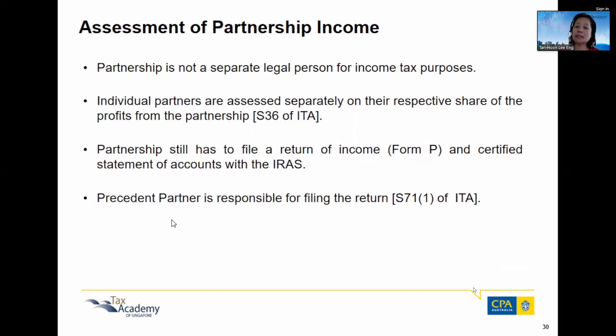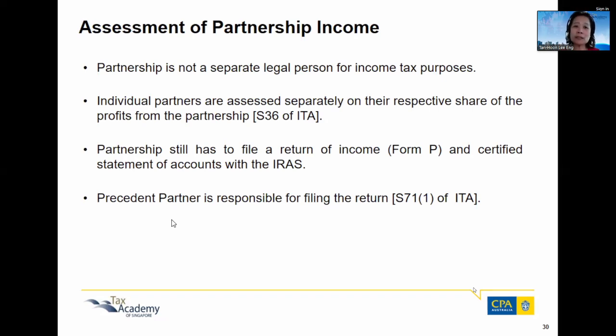Basically what it means is that the precedent partner will take the Form P, either e-file or file physically, and declare the business performance of the partnership, the four-line statement, the adjusted profit, how it is being shared among the partners, and how much individual partners will be getting from this share of profit. That will be in the Form P, and it's the responsibility of the precedent partner to file it.